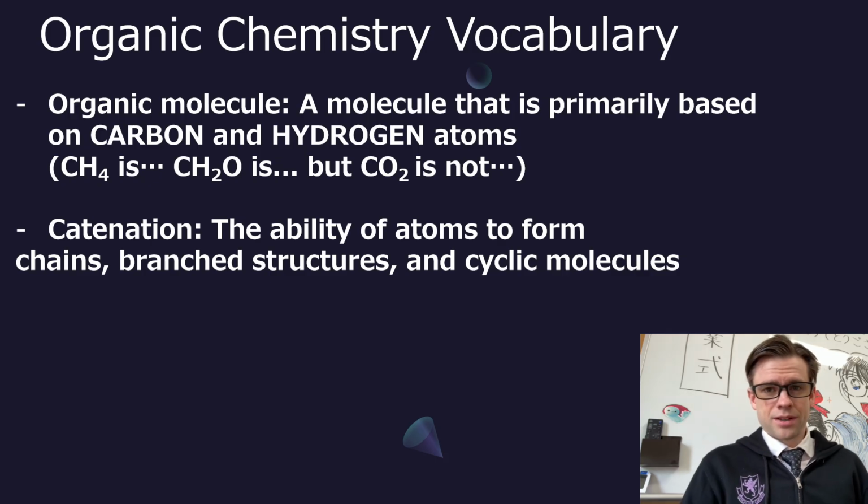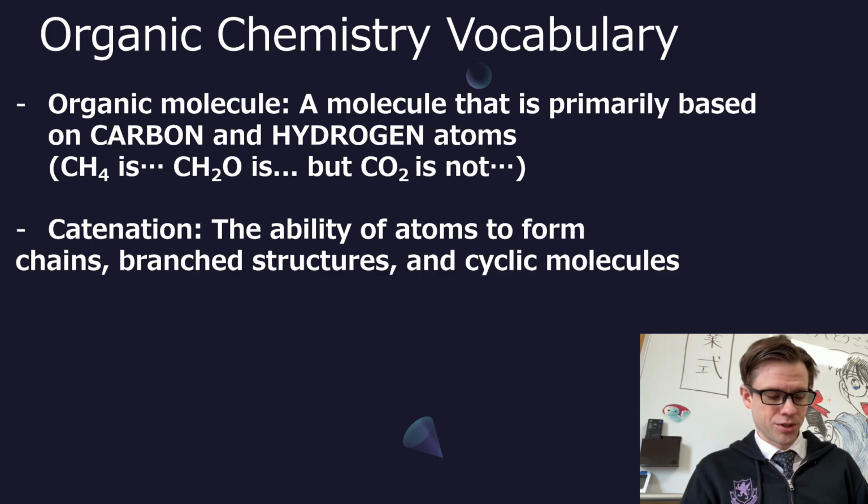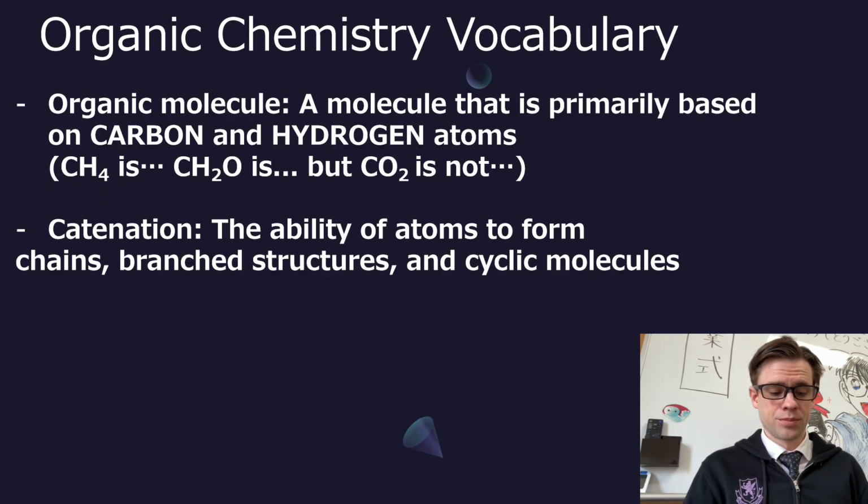Then we come to this idea of catenation. Catenation is the ability of atoms to form chains, branch structures, and cyclic molecules. Okay, and this is heavily a property of carbon atoms. We've studied molecular geometry previously in my videos and in this course.